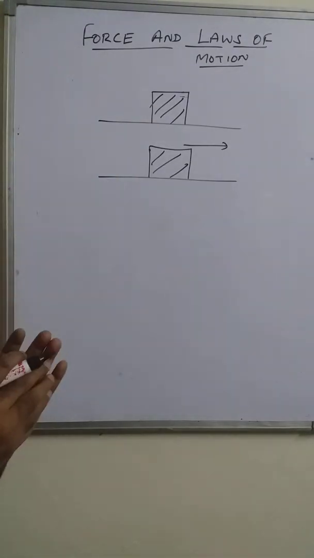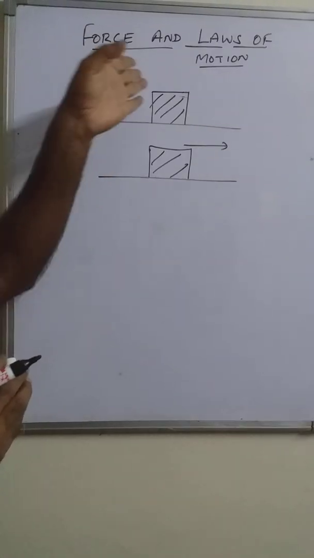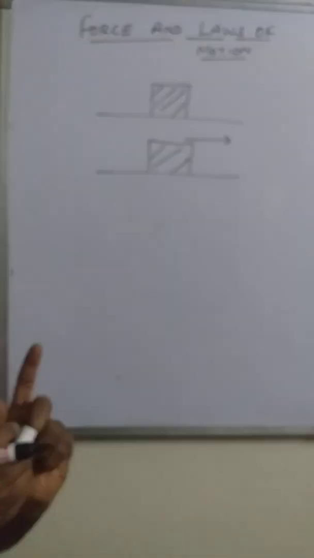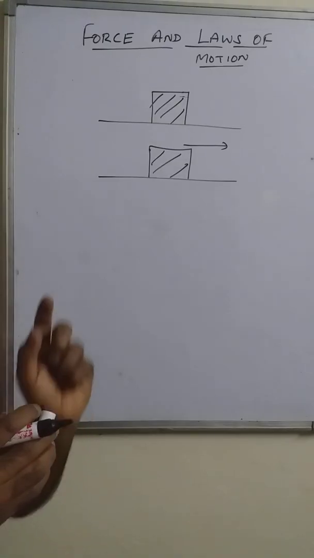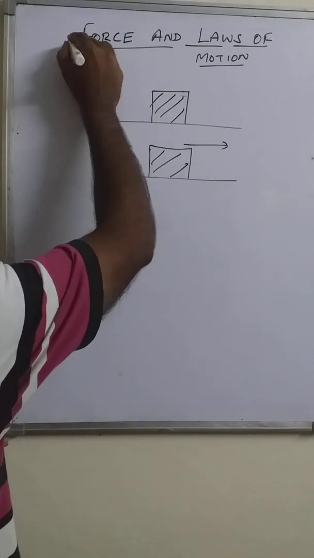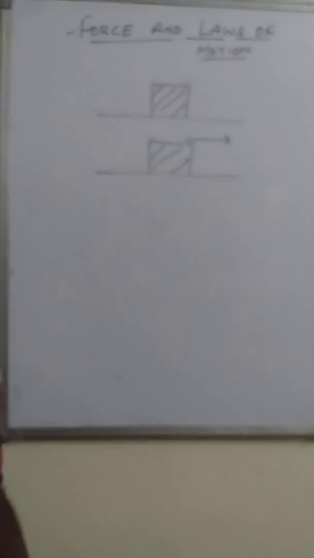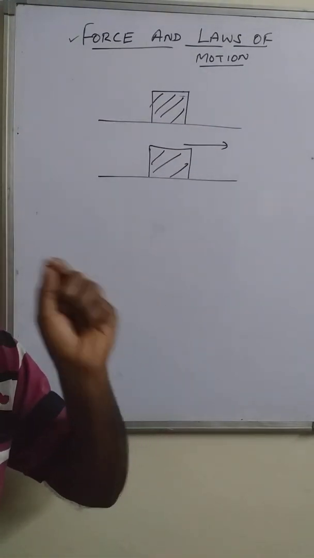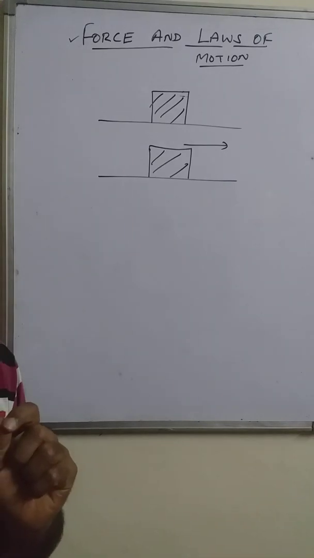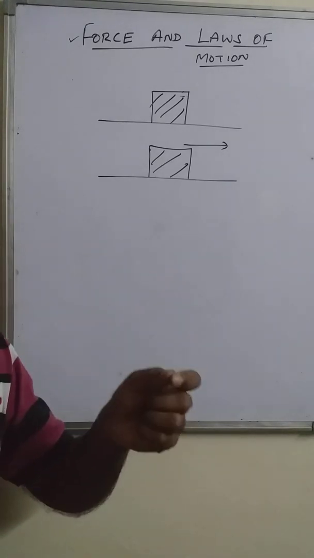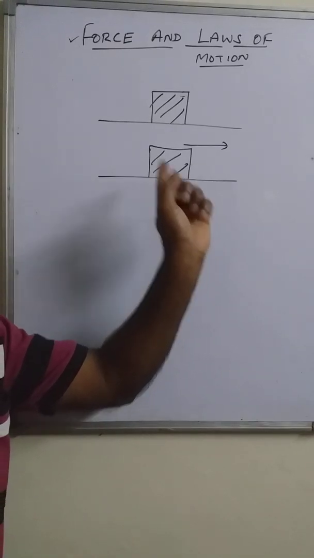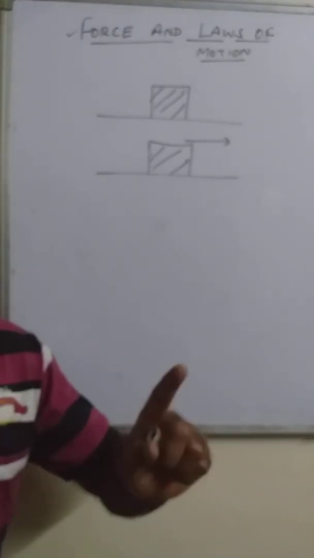That something applied on this object by the external agent to change its state is known as the force. So the force can be defined: it is an external agent which is applied on an object to change its state of rest or motion.